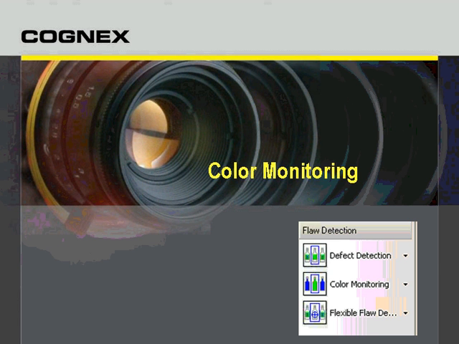We can use it for classification or identification if we have a series or a number of color models that we've learned. Then we can learn multiple of those models within the same part or within the same tool, and then have the tool tell us, based on a current image, what is the most dominant color, which one of the color models that we learned is the one that is being detected at that time.